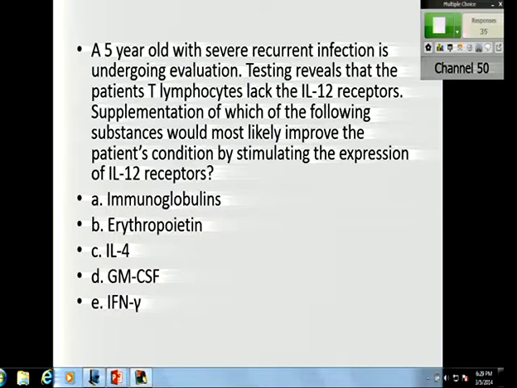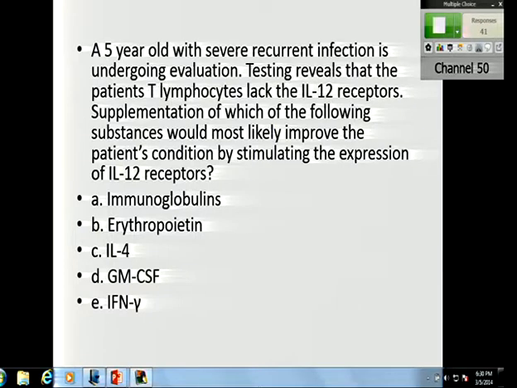Which cells secrete interleukin 12? Th1 cells and the antigen presenting cell. Sorry, the antigen presenting cell will secrete interleukin 12, not the Th1, and that will cause the CD4 to differentiate into Th1.